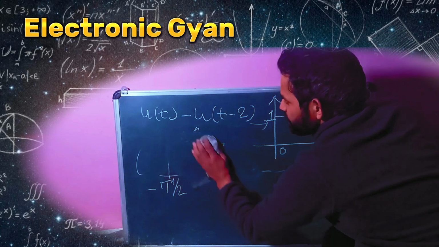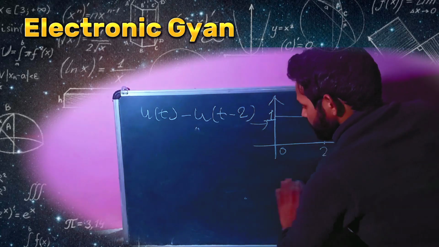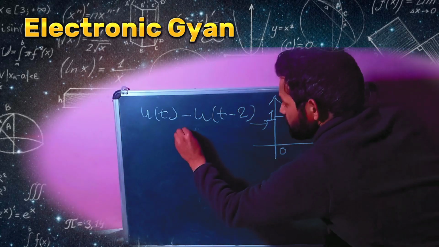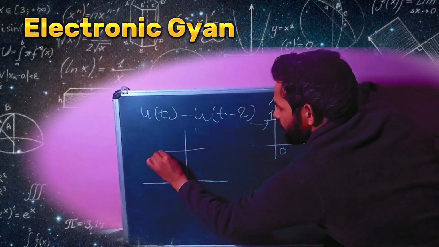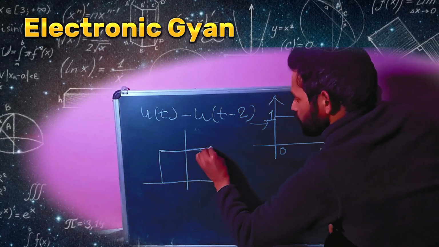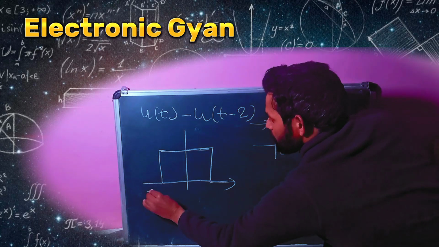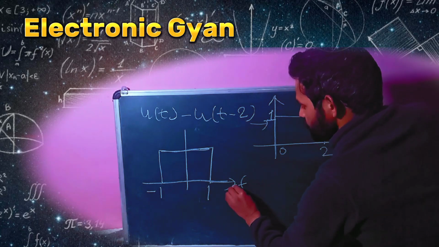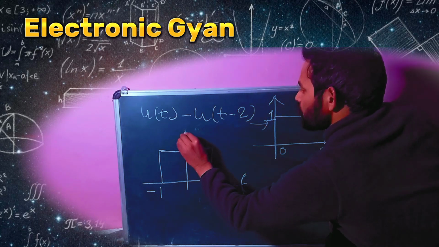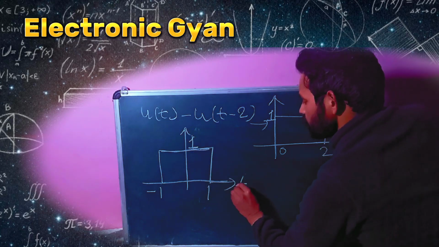Let me draw this signal here. This is my rectangular signal which varies from minus 1 to plus 1, this is t, and the amplitude is 1.